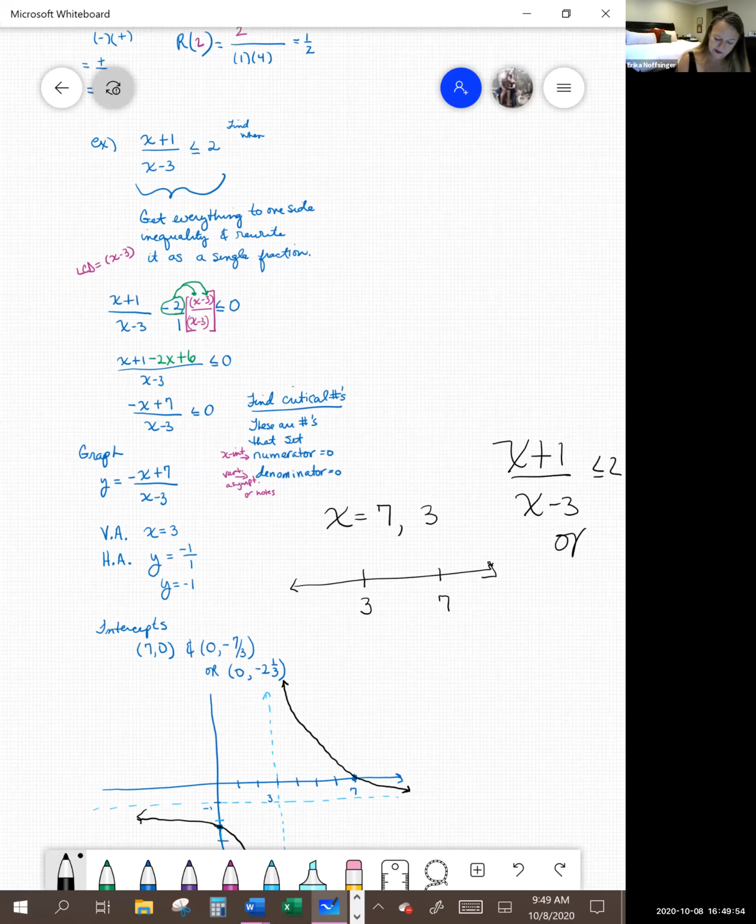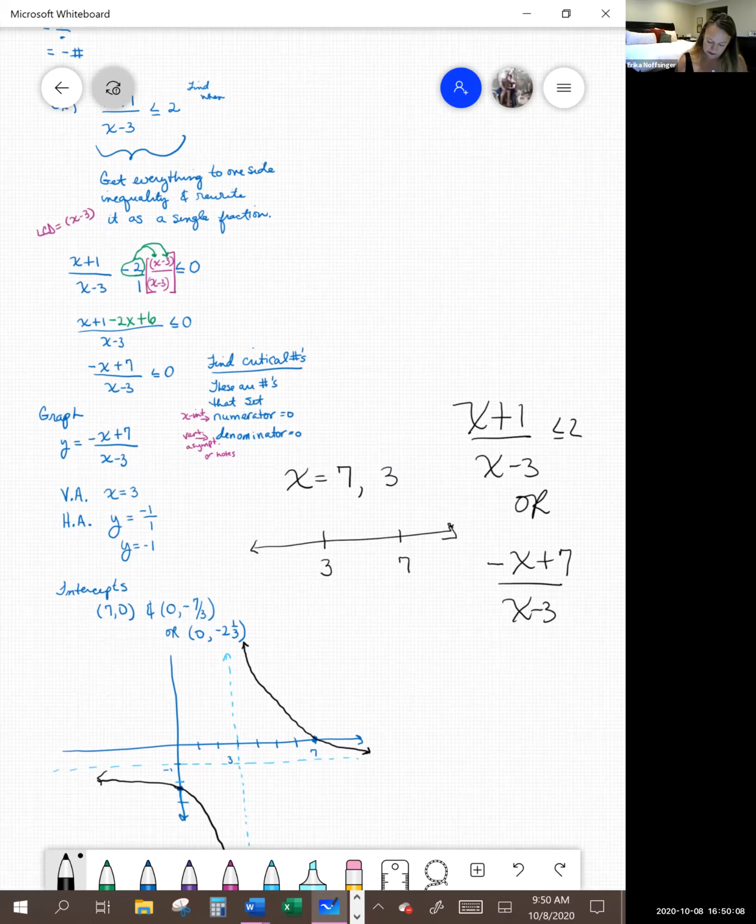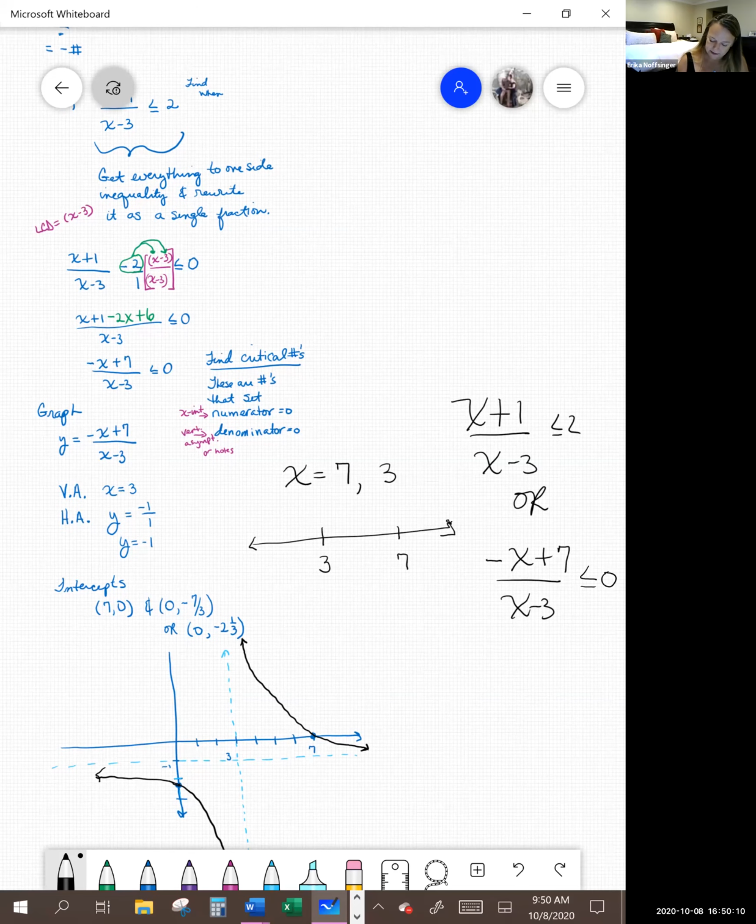Or as long as we didn't do any math wrong while we were moving things to one side, we could look at -x plus 7 all over x minus 3 is less than or equal to 0. So test points. So choose something on the left of 3. So let's say x equals 0. If we plug this into this inequality, would this make it true or false?